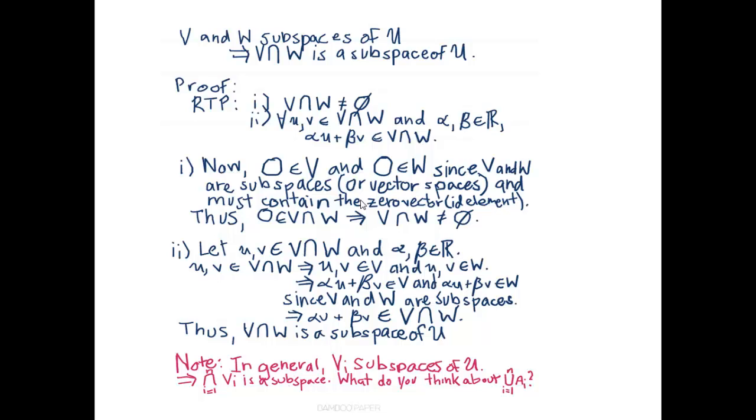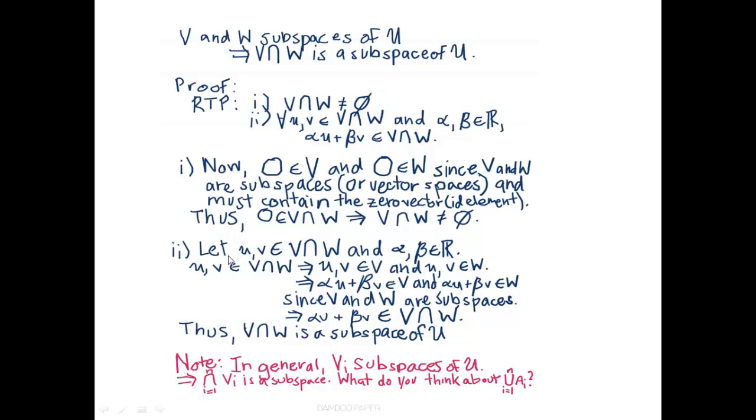So given that they are vector spaces, the zero vector must be in V and the zero vector must be in W. But that simply means that the zero vector is in V intersection W, and that means V intersection W has at least one element, i.e. it is non-empty. And that satisfies our first condition of the subspace criterion.